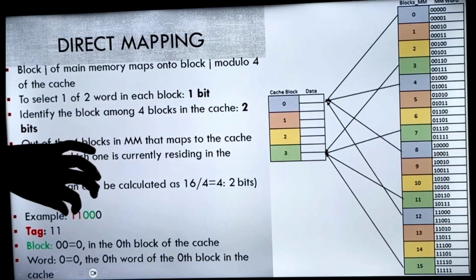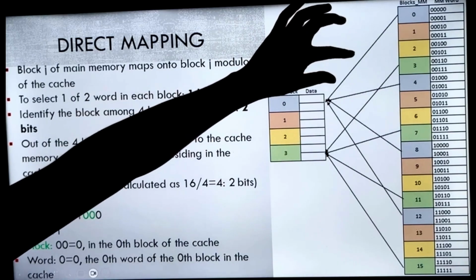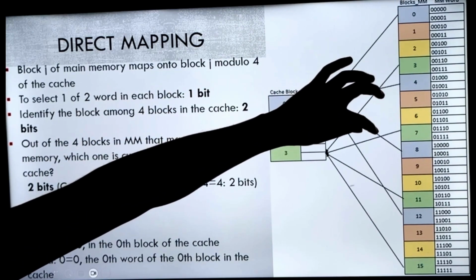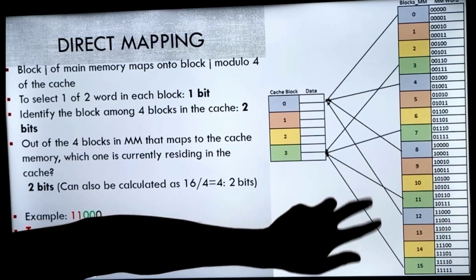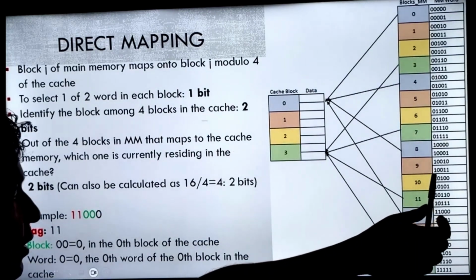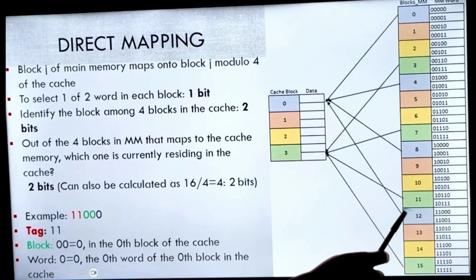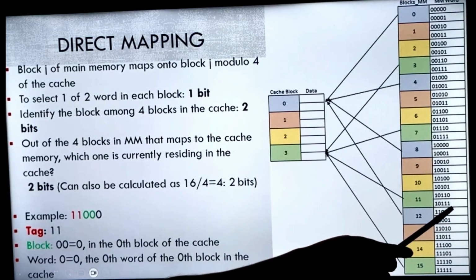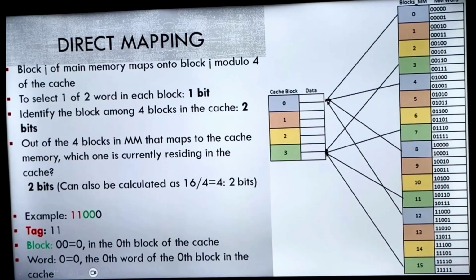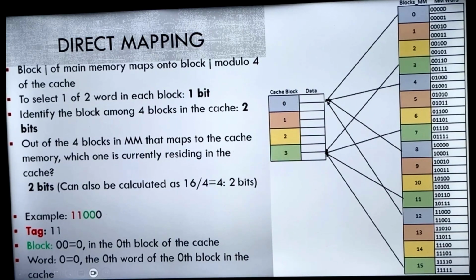Now this 11: 00 means 0th block, 01 means the 4th block, 10 means 8th block, 11 means 12th block. Means this 12th block I am searching for. And from this 12th block, which word do I want? The first word, 11000. So this will be here, and I am getting whatever is there. See, 11000 is there. So I hope it's clear for you.